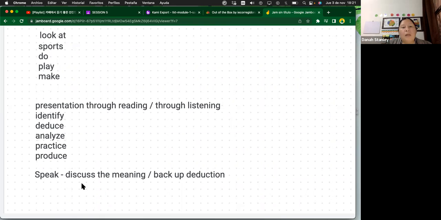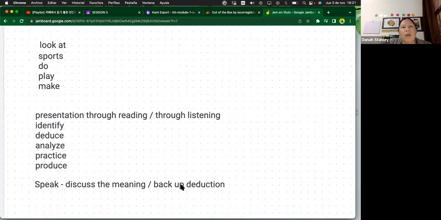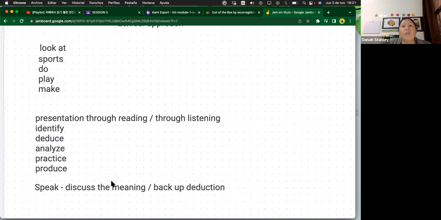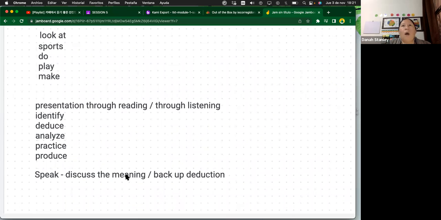So, in speaking, they can discuss the meaning and back up to the deduction. They can exchange points of views. They can back up why they think this word or this phrase may mean one thing or another, and together can come up with a simple definition, with a common definition.